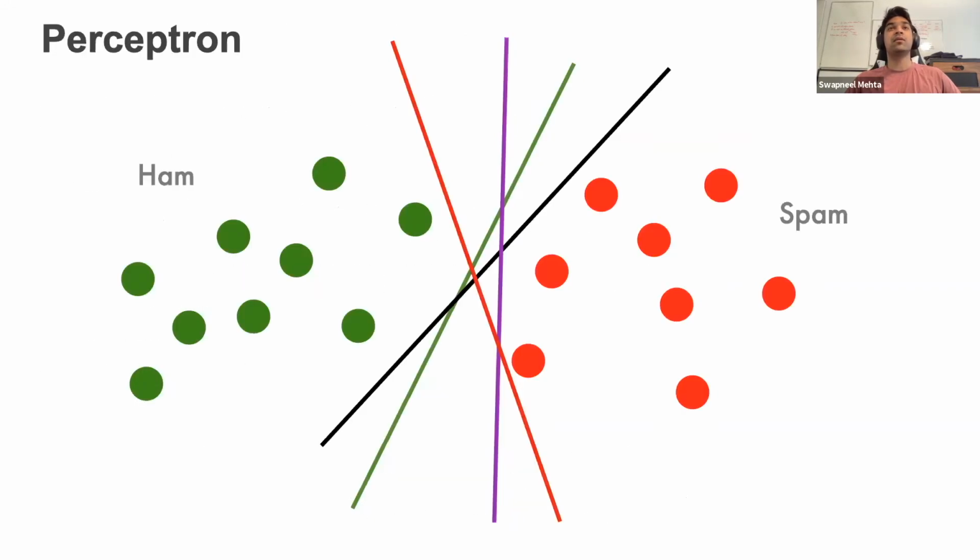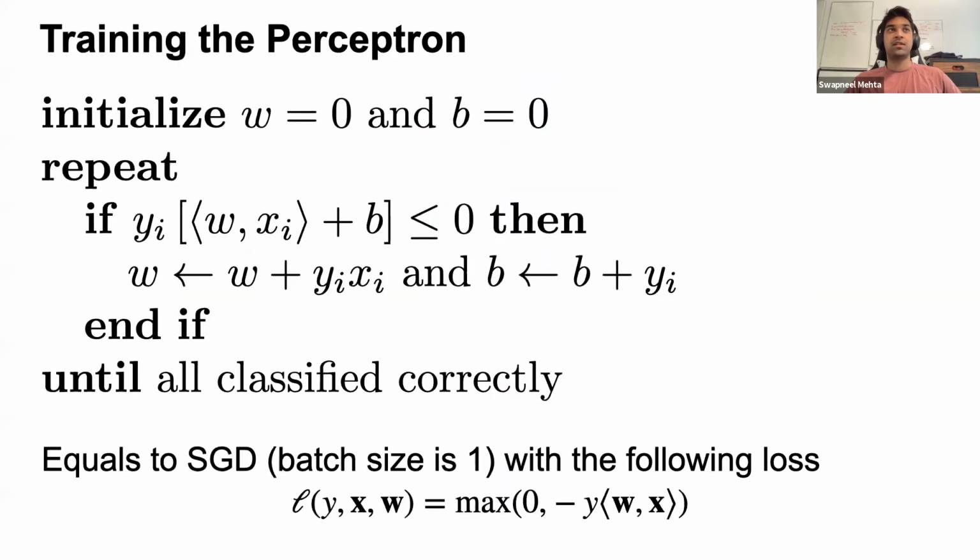So the way I would arrive at this green decision boundary is via the perceptron learning algorithm, which says: step one, let's start with zero weights and biases, then repeat for each yi in your data set. The bracket w times x plus b is just your predicted y, and this is your target y.